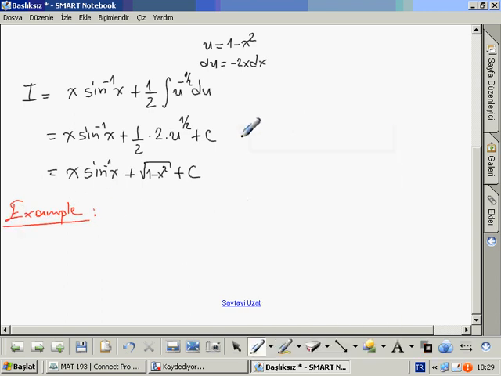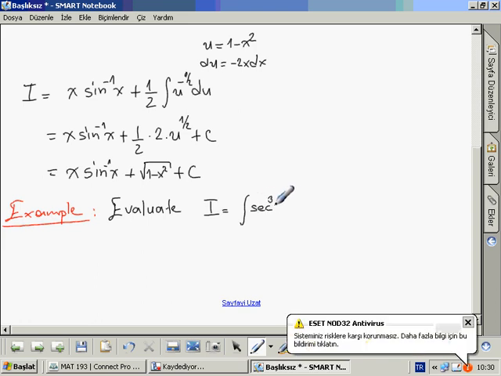Example again, and this is a very interesting example, I think. Evaluate the integral of secant cube x dx.